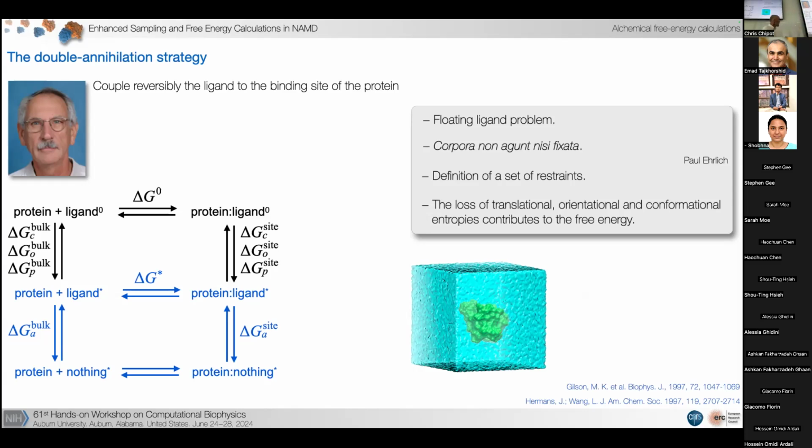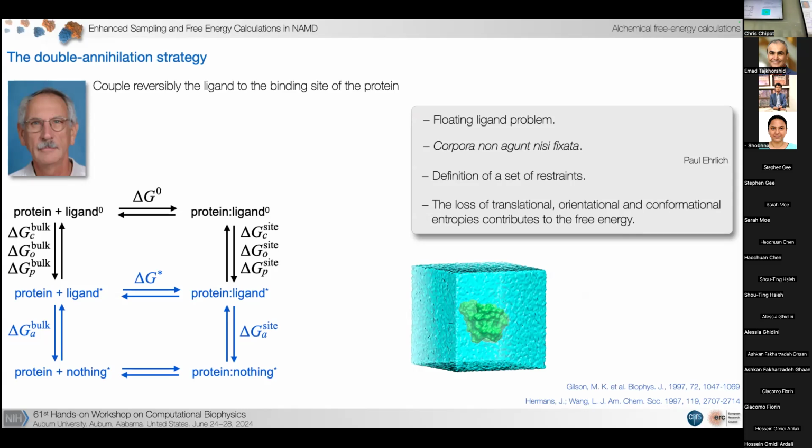Okay, and so then only when the ligand is frozen, then I do my alchemical transformation in the bulk and in the binding site. And then you need to do the bookkeeping to add up the various contributions that come from the restraint. Because if you're restraining something, it means that it's a loss in configurational entropy, right?